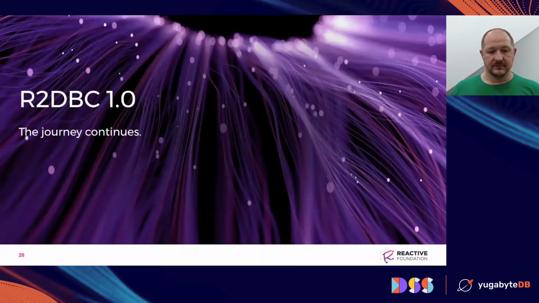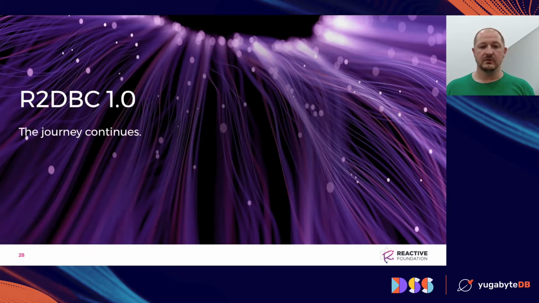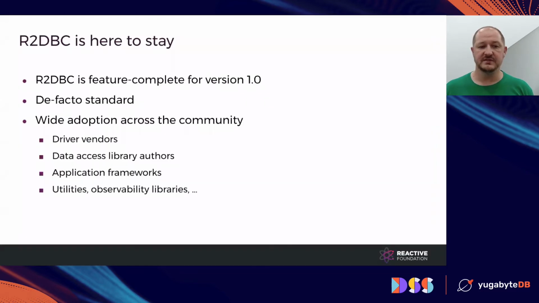Now, we've seen a few things that will come with R2DBC 0.9, but the journey is not over there. We are working towards R2DBC 1.0, and the journey continues, and R2DBC is here to stay. We are aiming for a feature-complete version of R2DBC, which will then still remain the de facto standard.